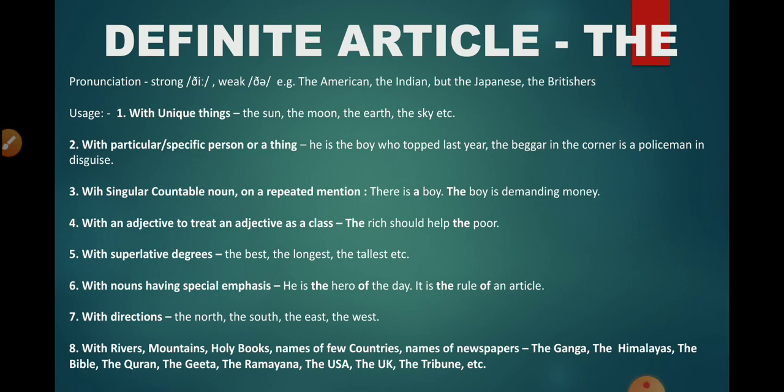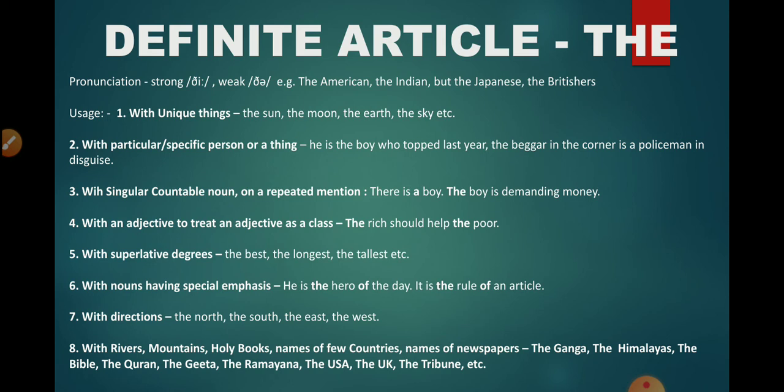Reason being that the same common name is being mentioned in the same context for the second time. So it would get now specific treatment, some particular treatment, not a common treatment.